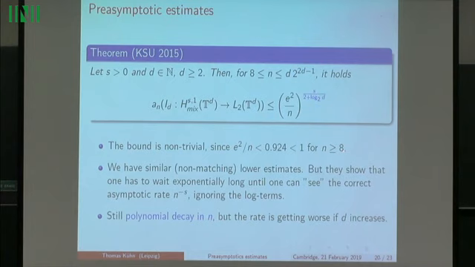And we have similar lower estimates which are more complicated looking, but at least they show that this asymptotic rate n to the minus s, if we ignore the log terms for a moment, can be seen only after waiting exponentially long. That means in this range the asymptotic rate cannot be seen yet. So here we still have a polynomial decay.